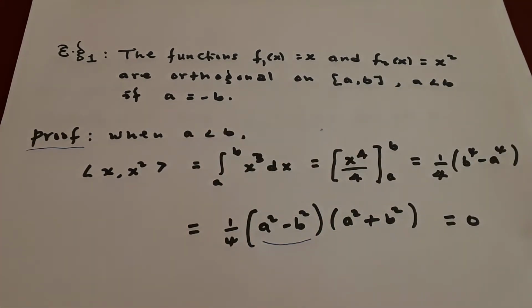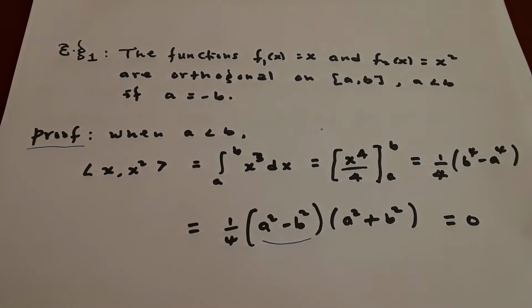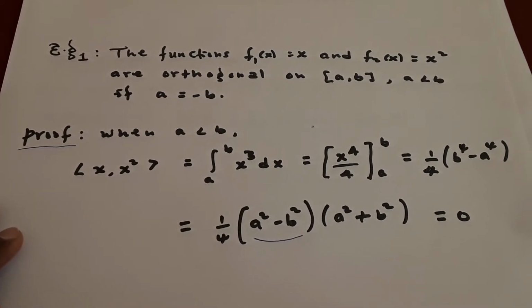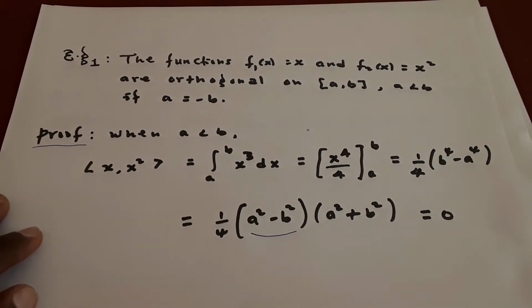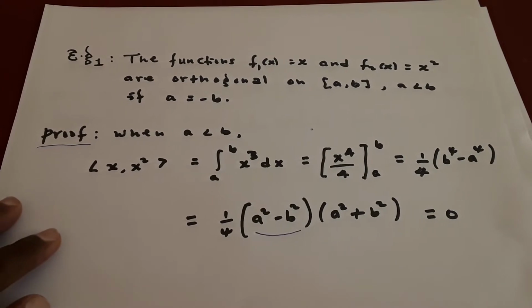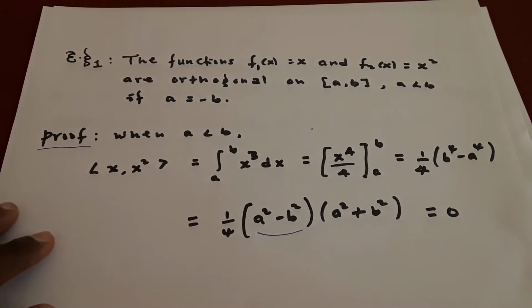So it depends on the interval. f1 and f2 are orthogonal on this interval if a is minus b, otherwise they cannot be orthogonal on the given interval, you mean. That's why it depends on the interval [a, b].